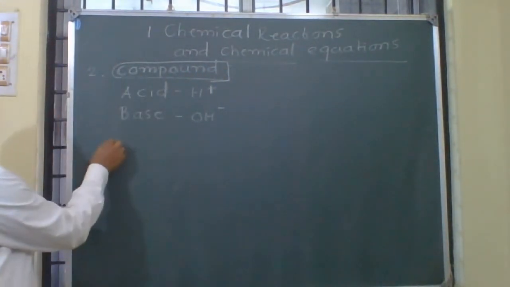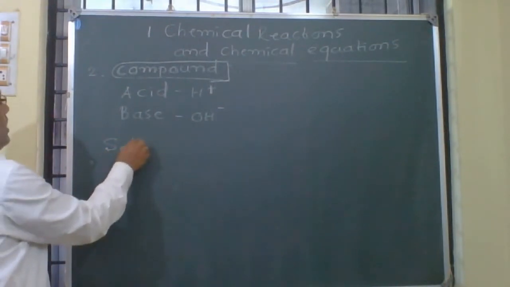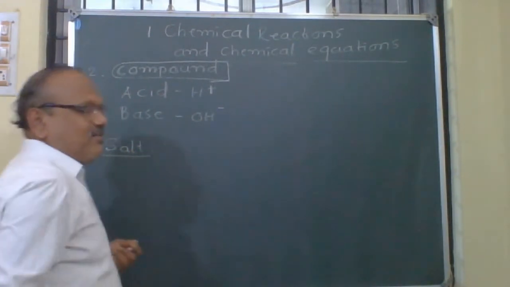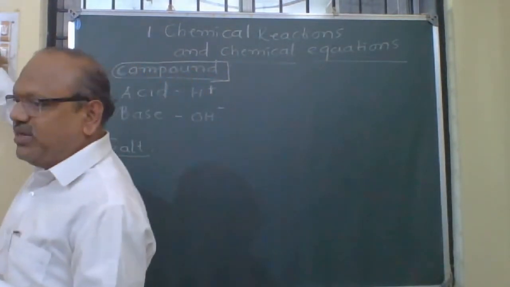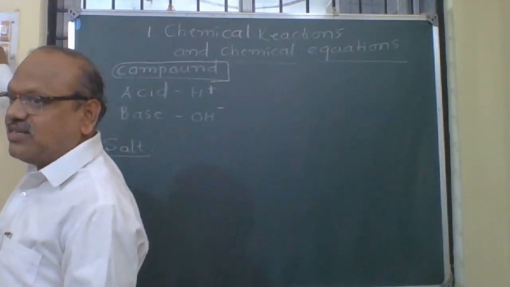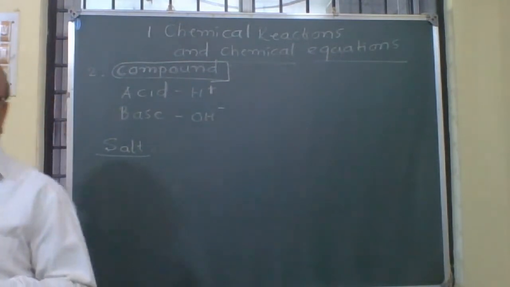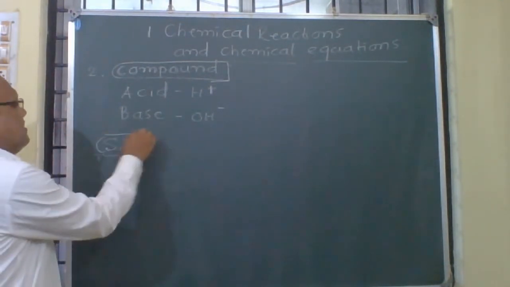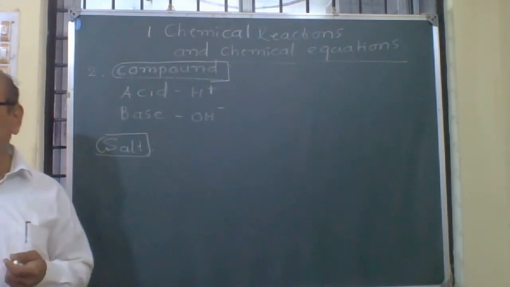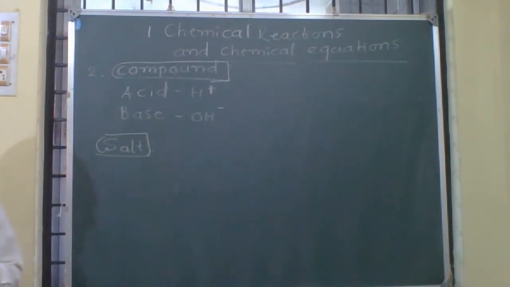There is a third type of compound called a salt. What do you mean by salt? How are salts defined? A salt is a product obtained by the reaction between an acid and a base.